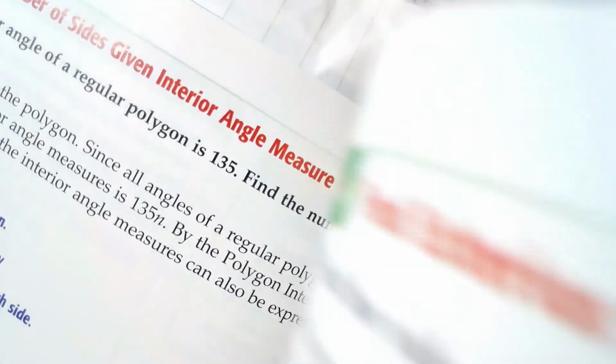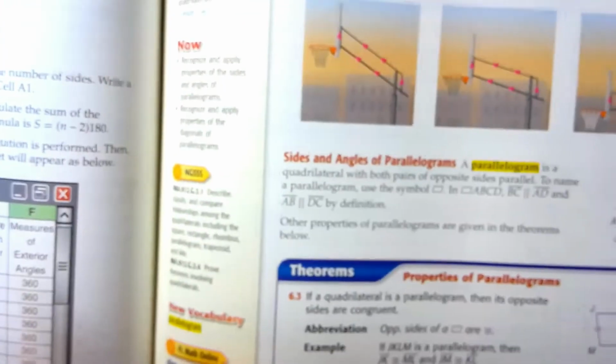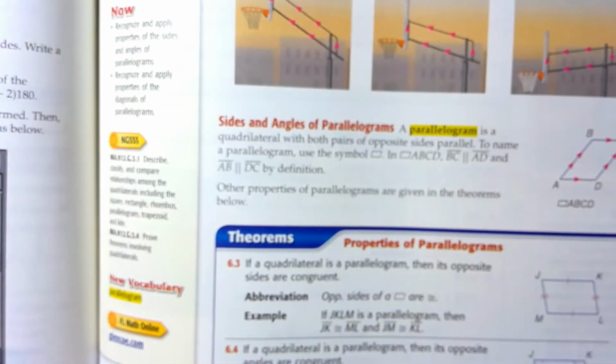Let me just set that aside. And this begins on page 399 of your book. Okay, and there's a little synopsis here at the bottom of that page. Okay, so let me just move the camera.